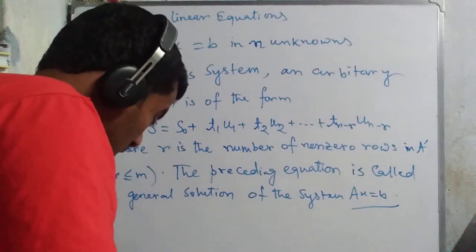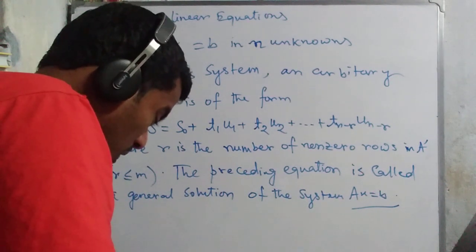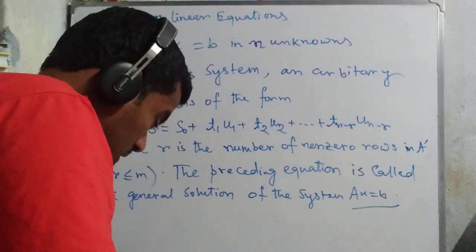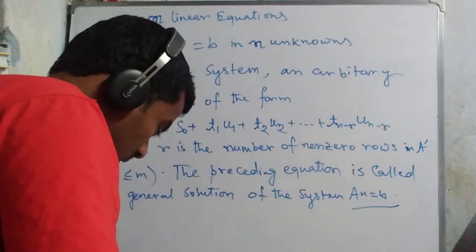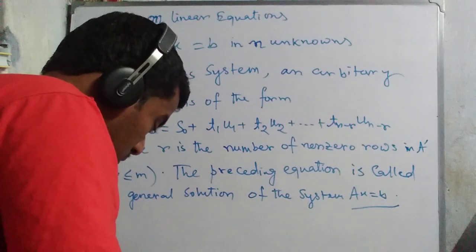So this is x = s0 + t1 u1 + t2 u2 + ... + t(n-r) u(n-r), where r is the number of non-zero rows.